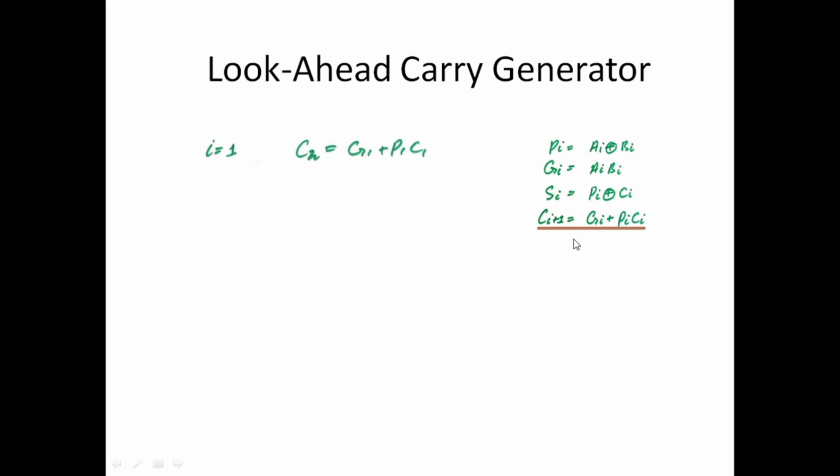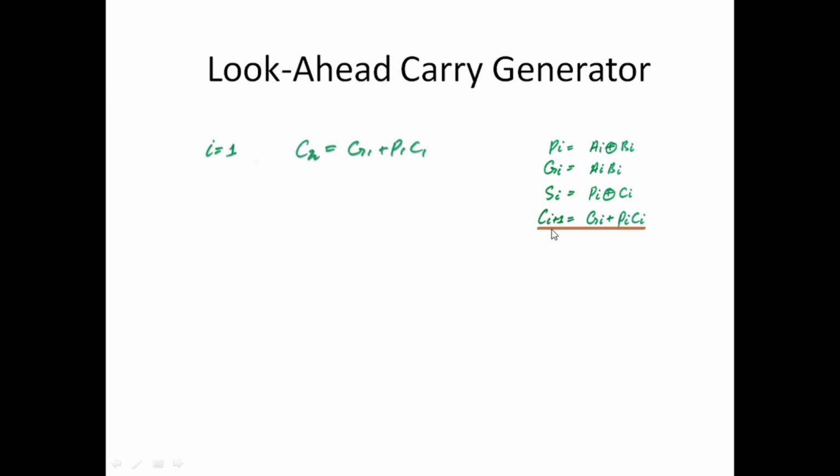As we are interested in the carries, let me take the equation of the output carry, CI plus 1 equals GI plus PI CI. We are interested in C2, C3 and C4 because these 3 internal carries put a delay into the addition process. So when we put I equal to 1, we get this equation.